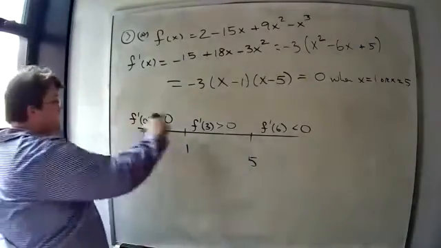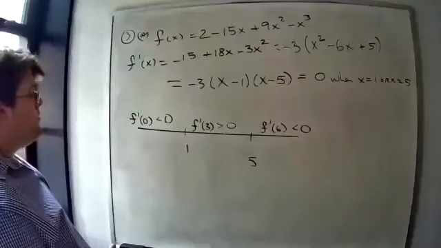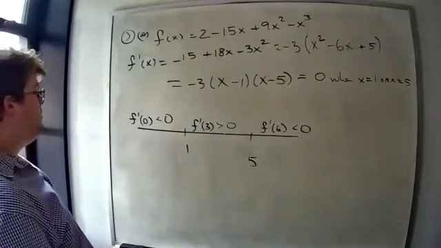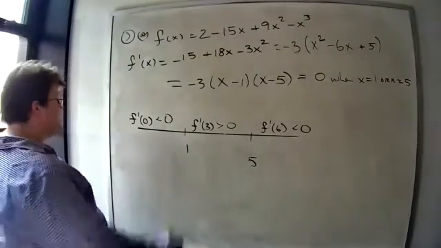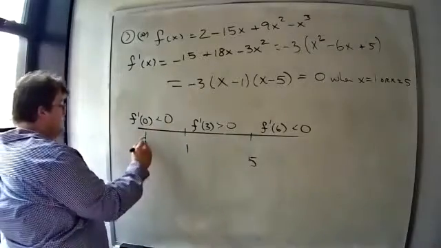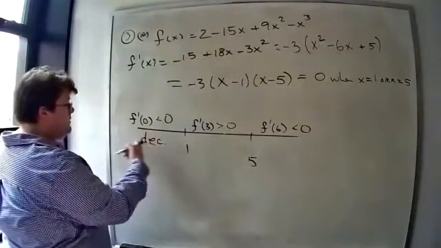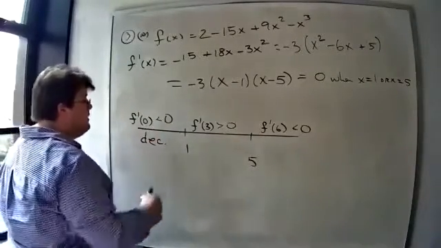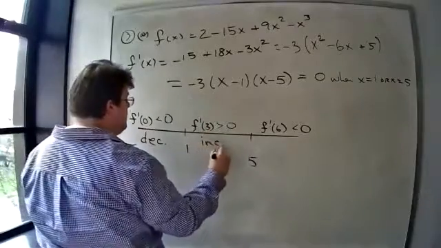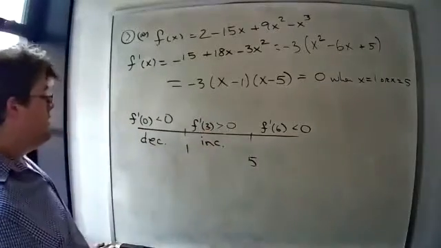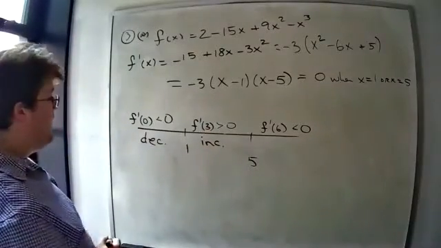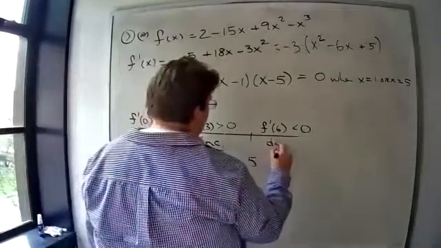Okay. So the sign of the derivative determines whether the function is increasing or decreasing on these intervals. First derivative is negative. The function is decreasing negative infinity to 1. First derivative is positive. The original function is increasing on 1 to 5. And over here it's negative.